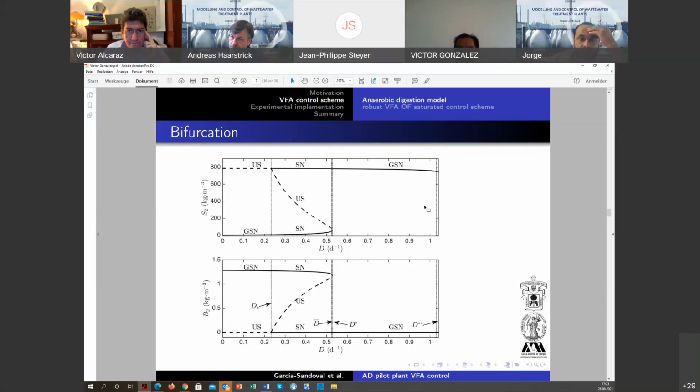We have the dilution rate, which is the reciprocal of the residence time, which is related to the feed flow rate, which is, in this case, the variable that we have to manipulate to achieve the desired value at the end of the bioreactor, at the end of the digester.